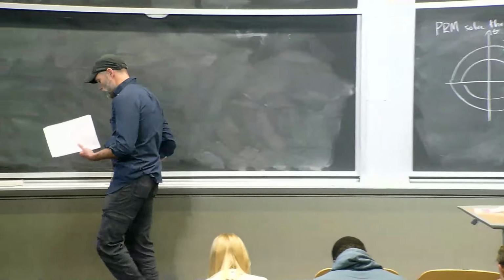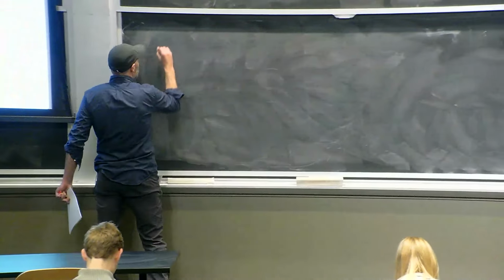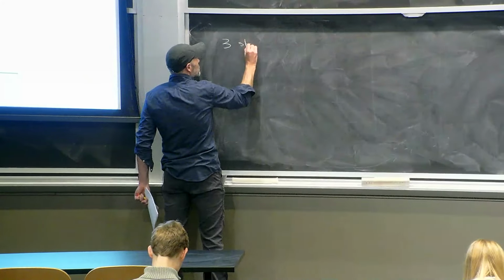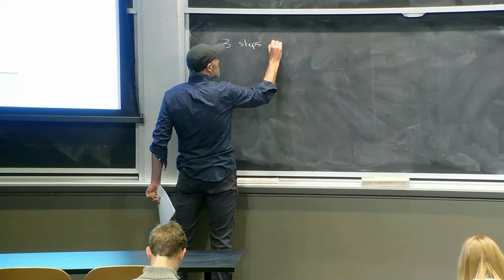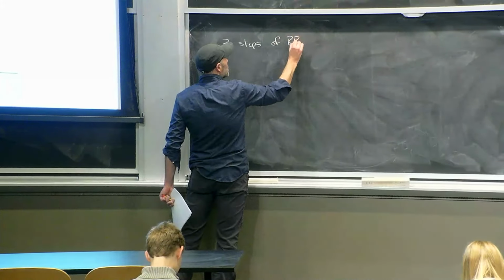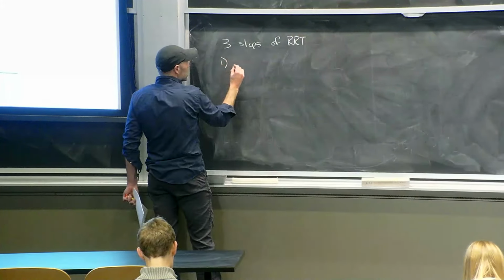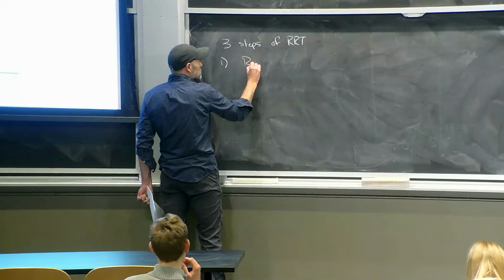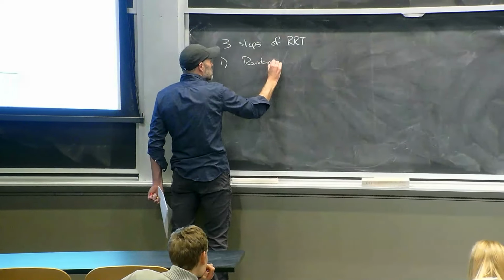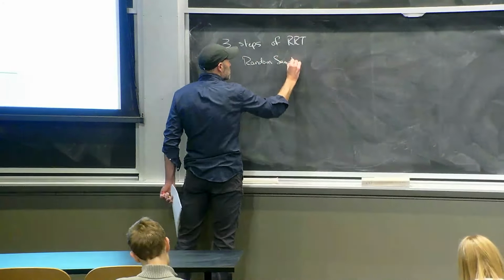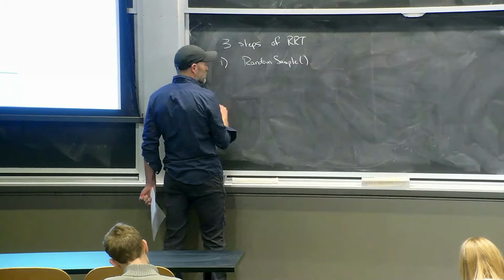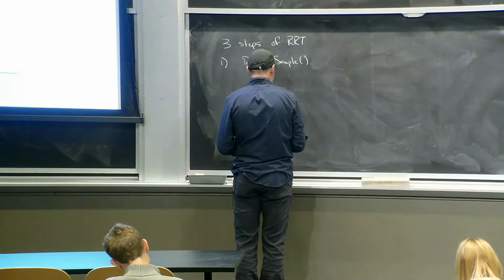All right, so let me just write down what I just said here. There's 3 core steps of the RRT. One is the random sample. Right, so maybe we want to find a better distance.